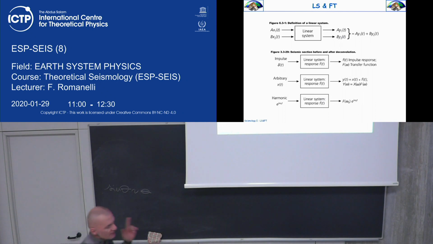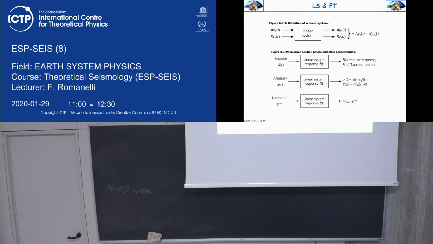And for a linear system, these are the properties that are valid. We have used this concept here in time domain. If you insert a delta inside the linear system, we get a response. We call it impulse response, and we can build any response by convolution. We called it the Green's function.